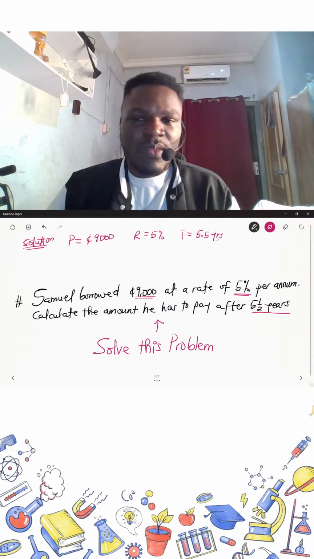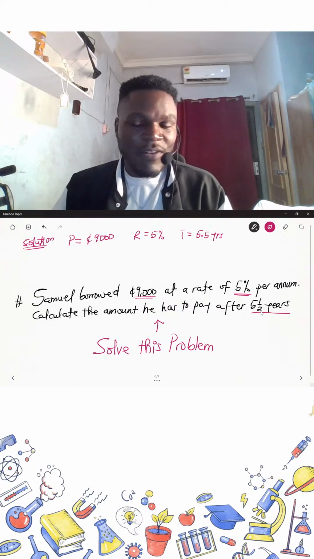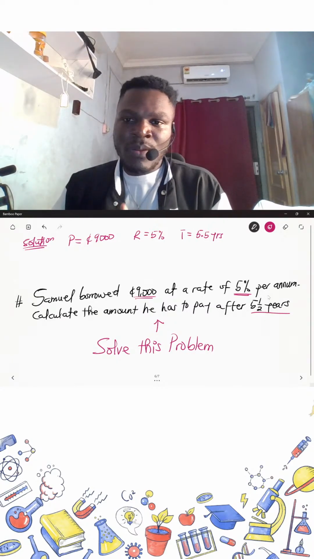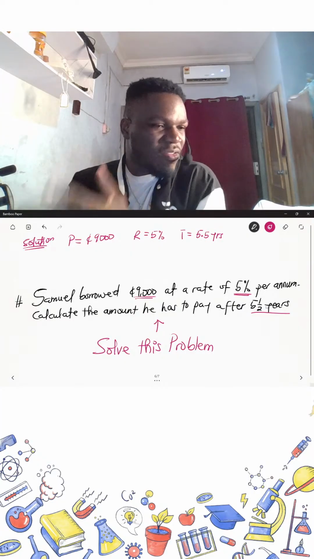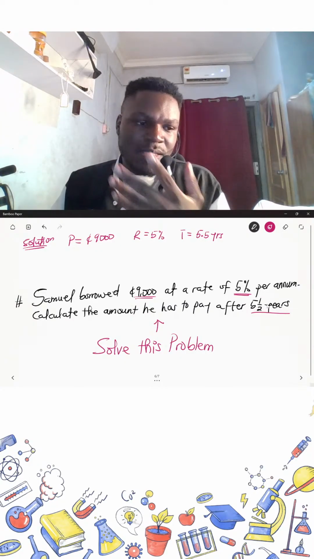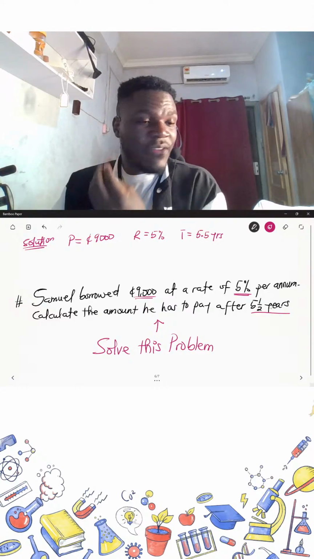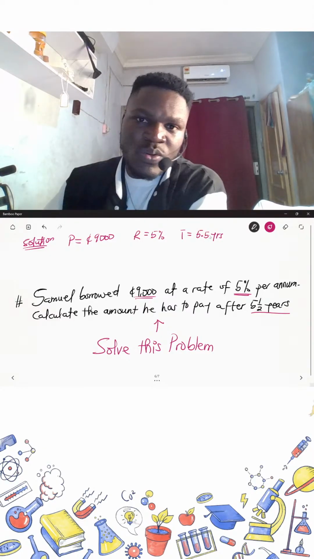Or you can change this to 5 multiplied by 2, which is 10, plus 1, which is 11 over 2. You can use the fraction as well. It depends on how you handle the formula. But since it is not a quarter or anything, I think 5.5 is 5.5. So we'll use this.